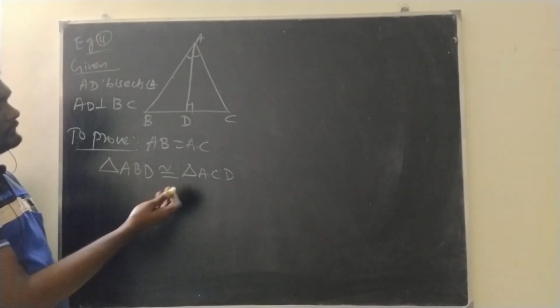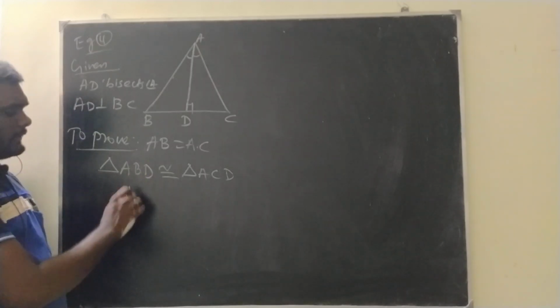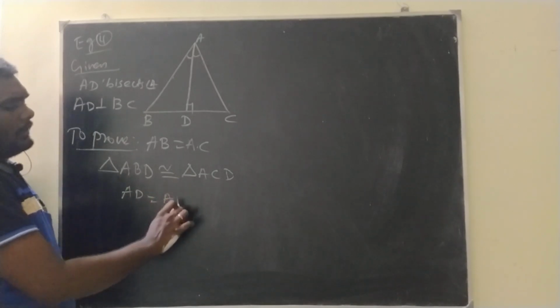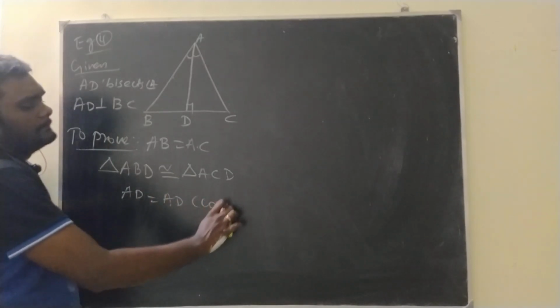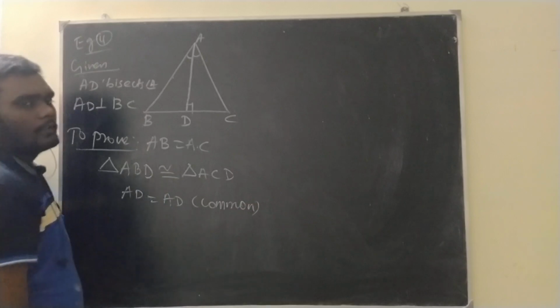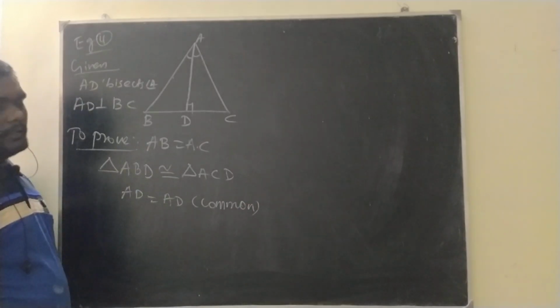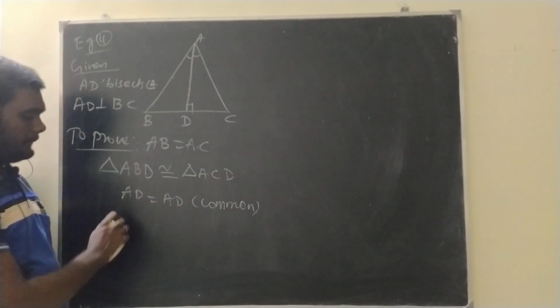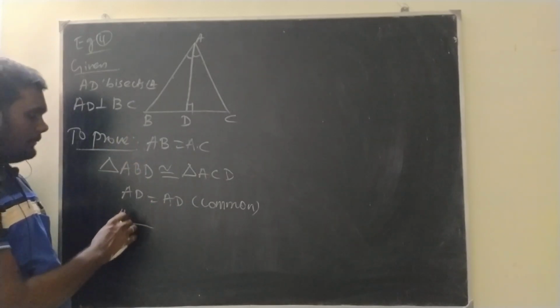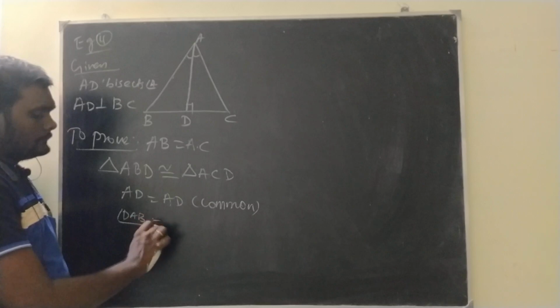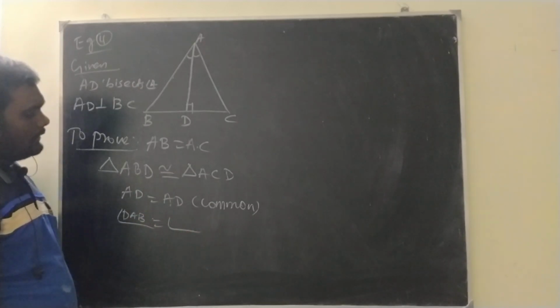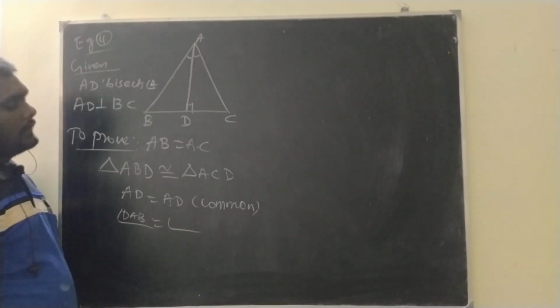We obviously know AD is common. AD equals AD, that is the common side, and then the bisected parts of A, angle DAB equals angle CAD.